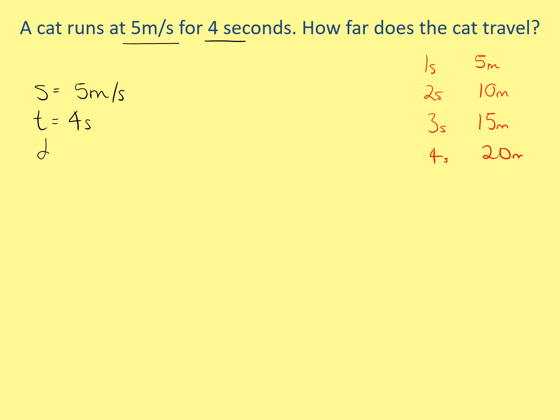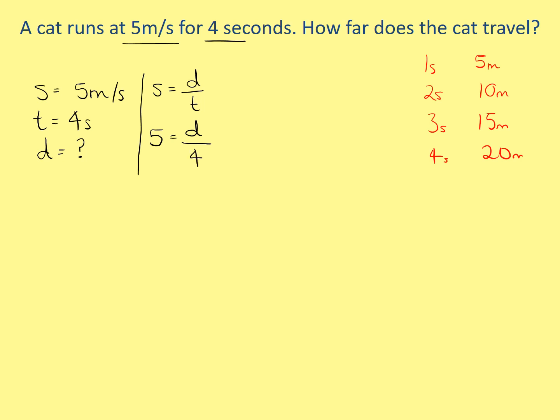So D is question mark in this case. The equation is speed equals distance divided by time. In this case, the speed is 5, so 5 is equal to some distance that we don't know yet, divided by the time, which is 4 seconds.